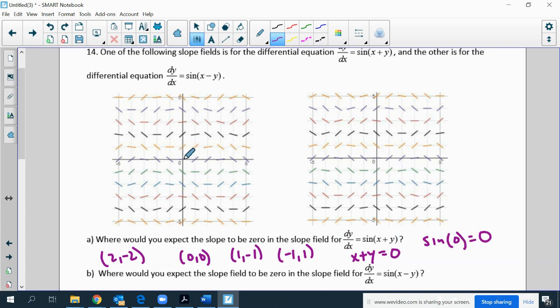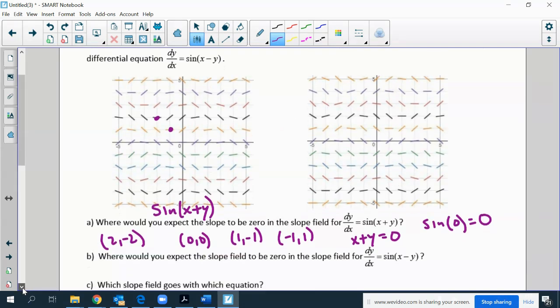So if I'm looking at this, notice that when x and y are exact opposites, for example, -1, 1, -2, 2, this one should be sine of x plus y, just based on the way that we kind of think about this logically.